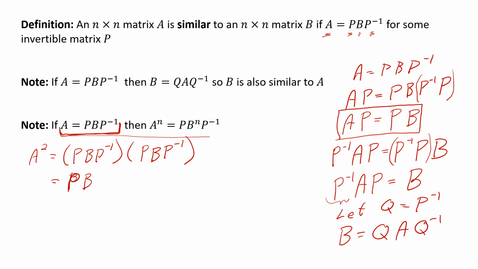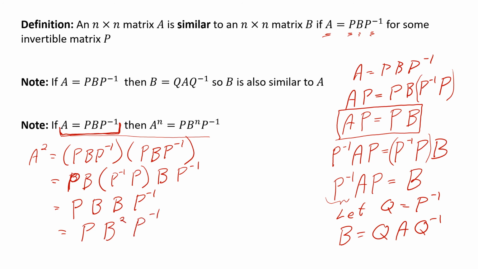We have PB times P inverse P times B P inverse. But notice what we have in the middle is the identity. So that's just equal to P times B times B times P inverse, which is P times B squared P inverse. And you can continue that for any number of exponents.